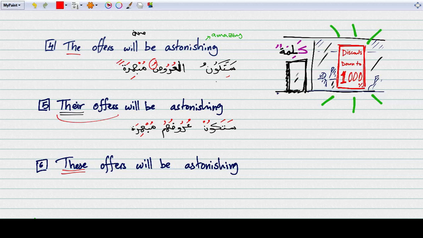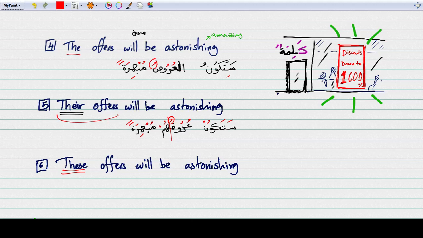So basically ستكون العروض مبهرة in this example, the offers will be astonishing, and ستكون عروضهم مبهرة, their offers will be astonishing. Last comment, just here, عروض was ضمة, kept the ضمة on the dot, and just add hum, just like that.